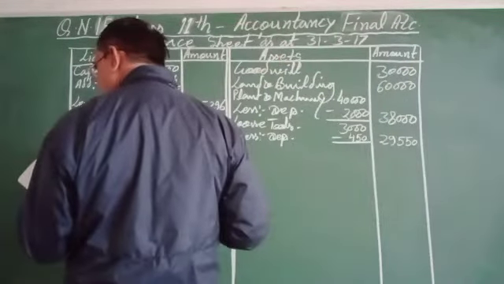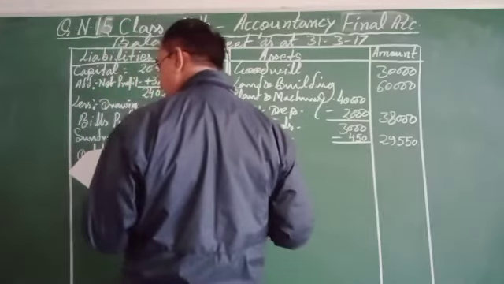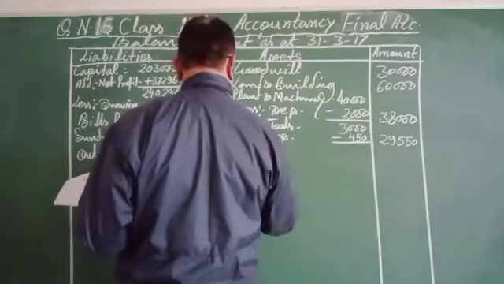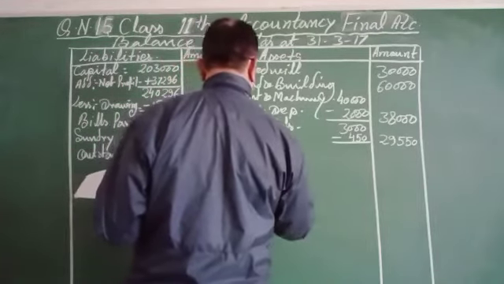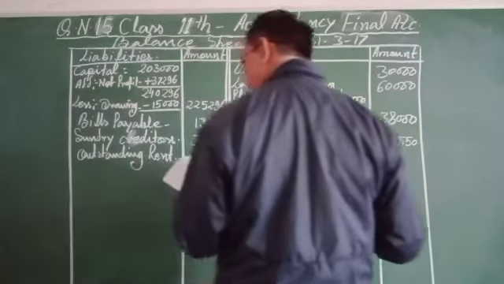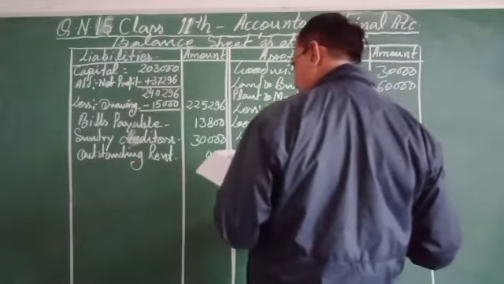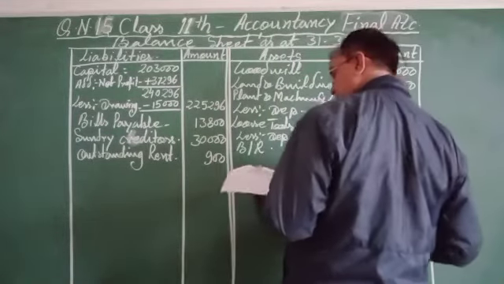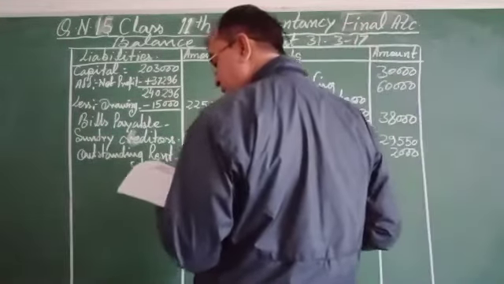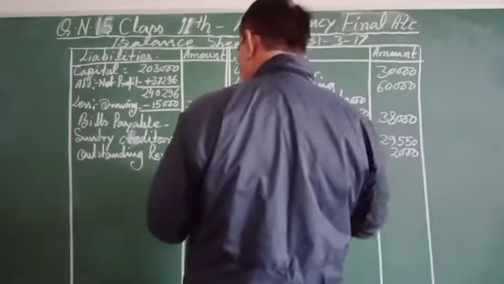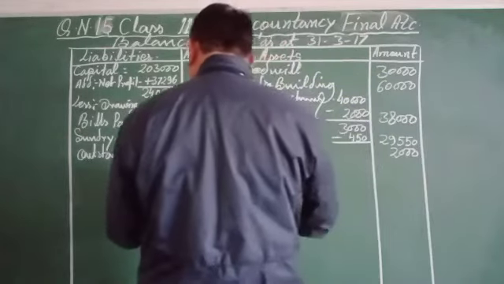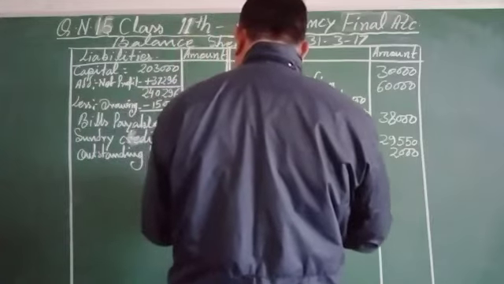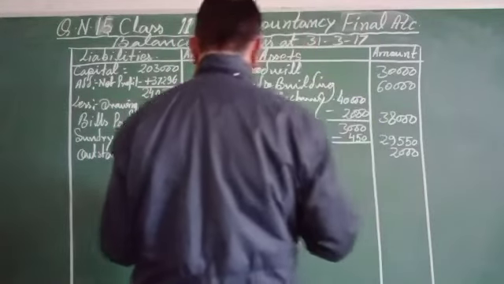Then bills receivable, given 2,000. Then stock, purchase, carriage inward, coal, salaries, rent, discount, cash at bank, cash in hand.